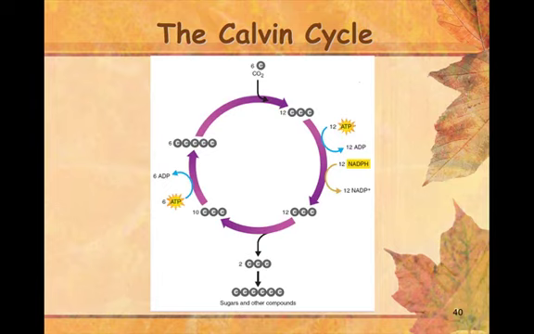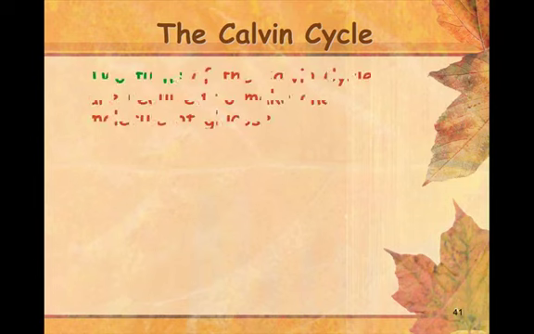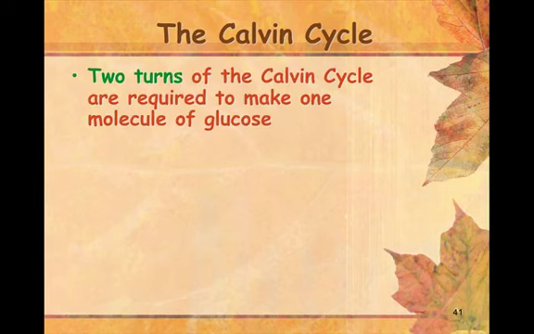So the Calvin cycle is the light-independent part of photosynthesis. So, how does the Calvin cycle work? 2 turns of the Calvin cycle are required to make 1 glucose molecule.